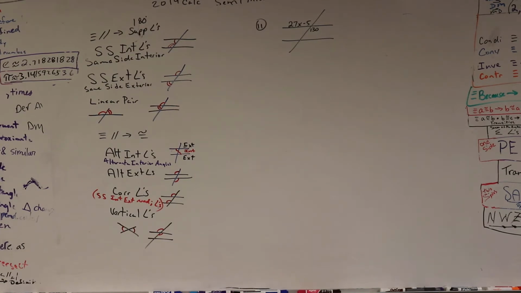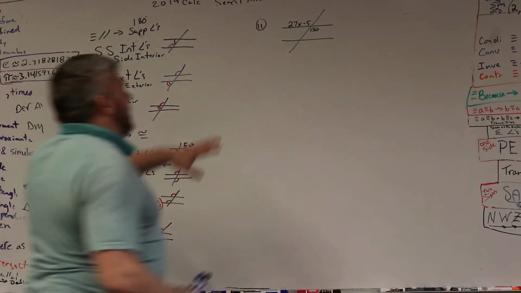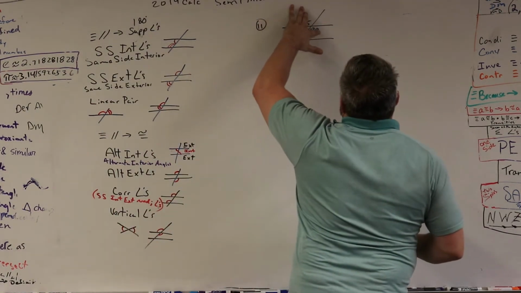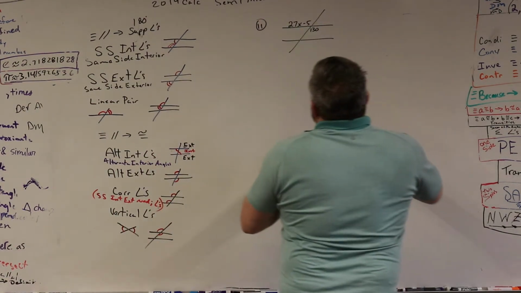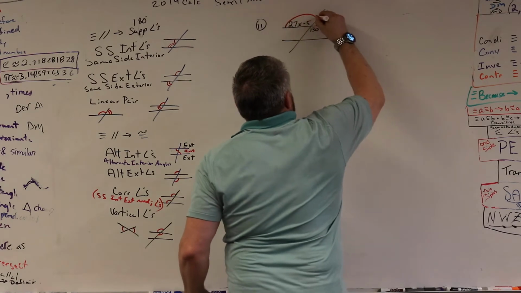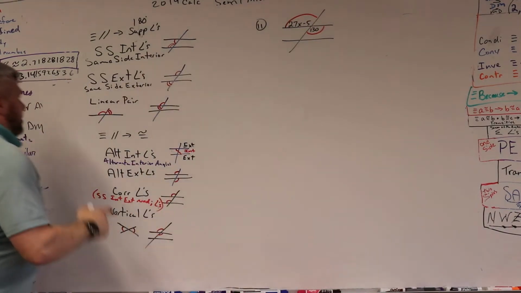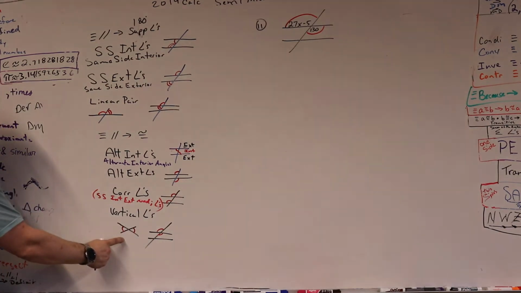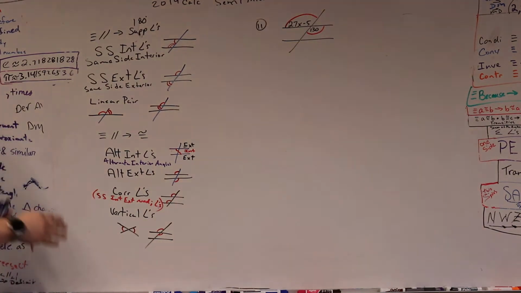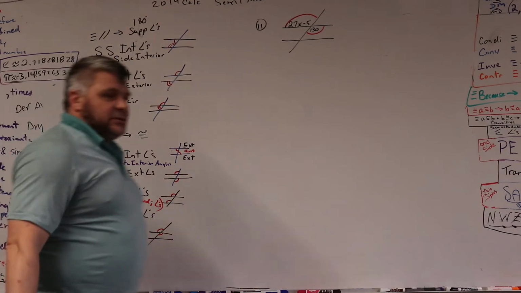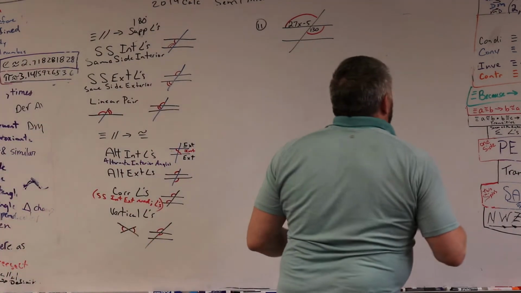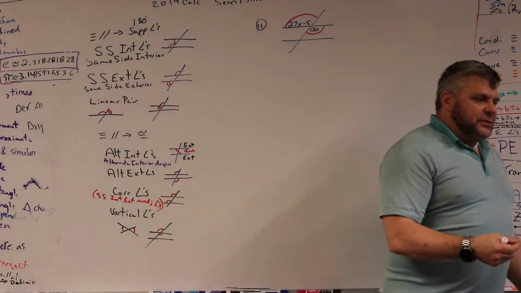All right, so take a look at number 11. Can anyone tell me what these are classified as? Remember, we just talked about them? They're vertical, right? So they're across from each other, right? So what's special about vertical angles?